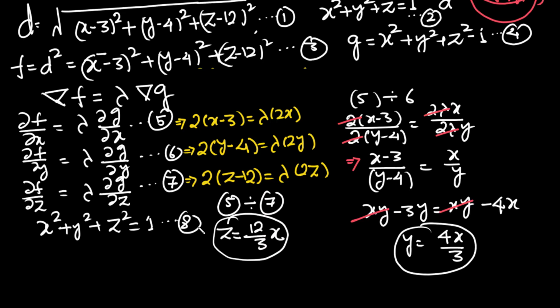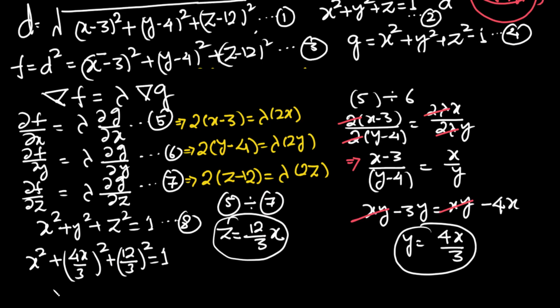in equation number 8. So we obtain x squared plus in place of y we will put 4x over 3 whole squared plus in place of z 12x over 3 whole squared equals 1. We didn't simplify this 12 over 3 so that it will be easier to simplify this expression, right?